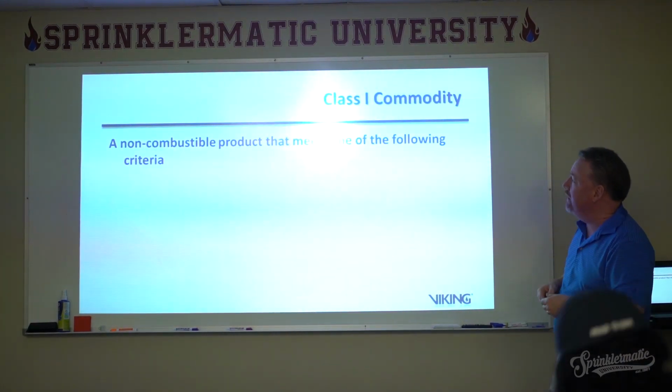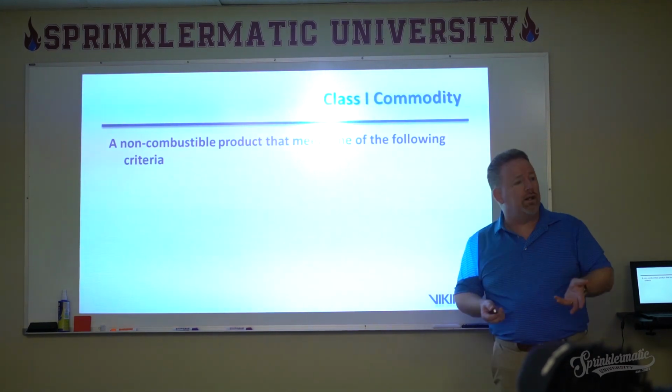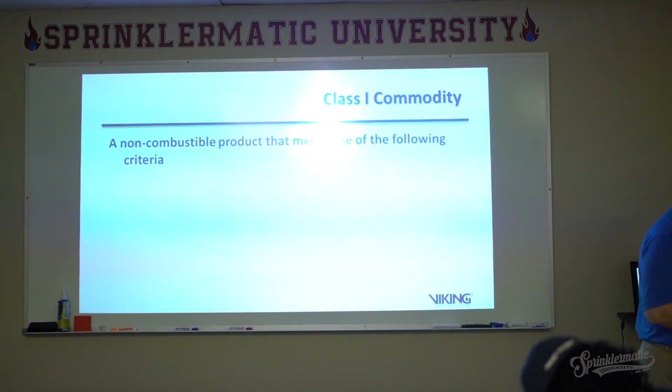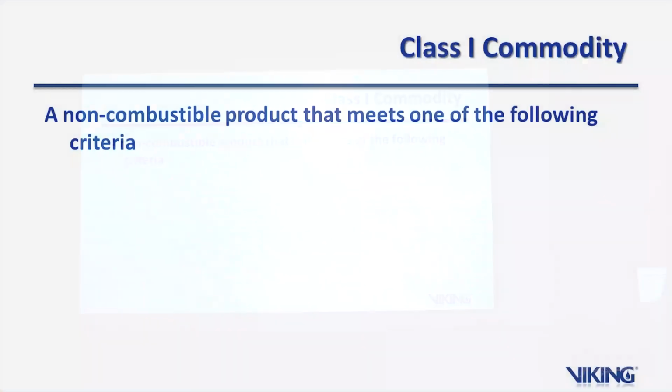So let's take a look at a class 1 commodity. Let's see what the standard says about it. To start with, it is a non-combustible product that meets one of the following criteria.